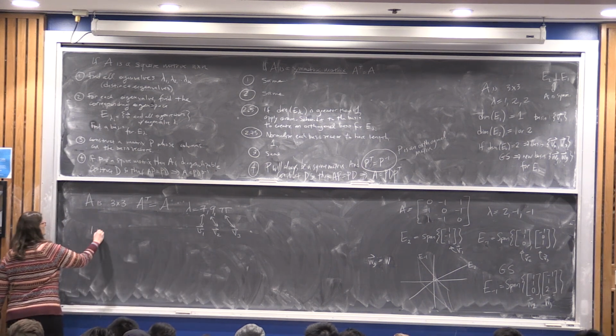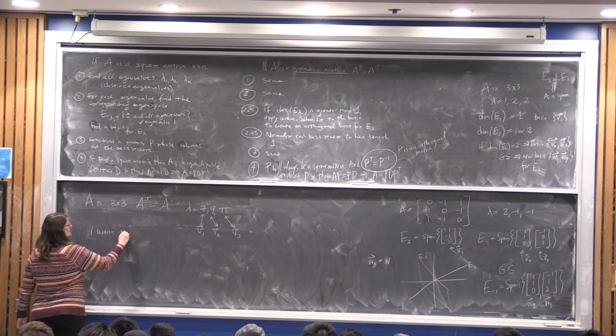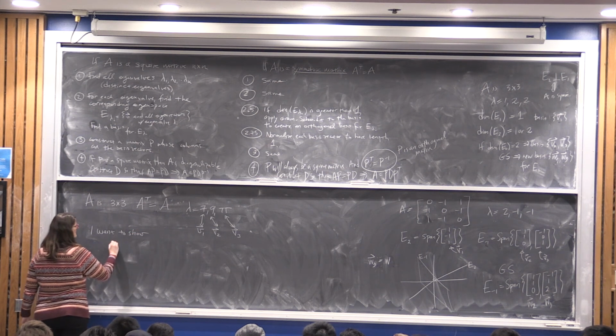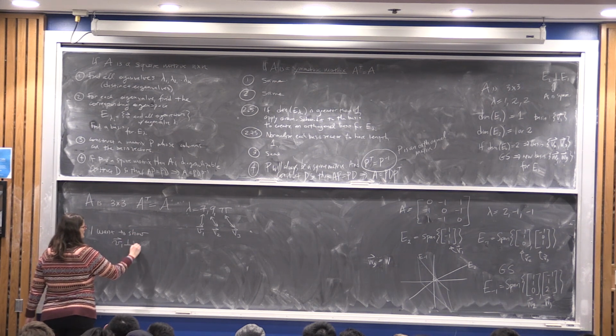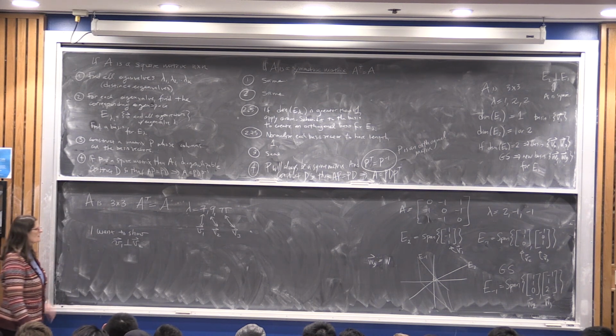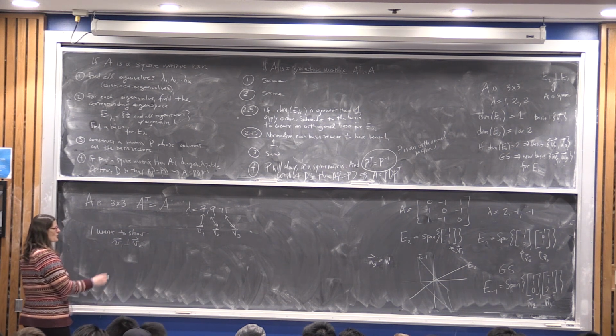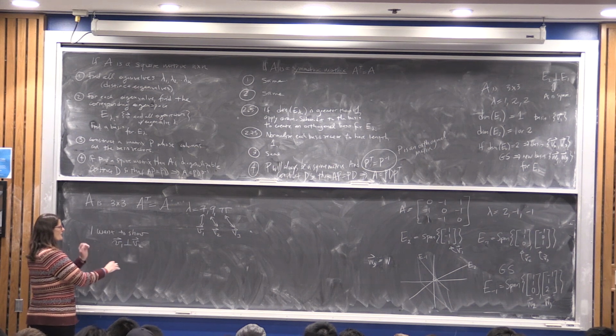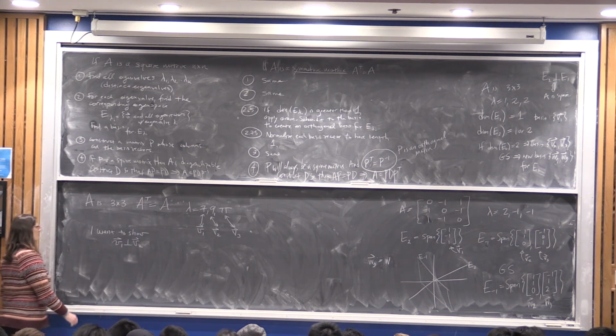And I want to show that V1 is orthogonal to V2. If I figure out how to show that, then I'll probably be able to show that V1 is orthogonal to V3 and V2 is orthogonal to V3. Let's just see if I can show that.